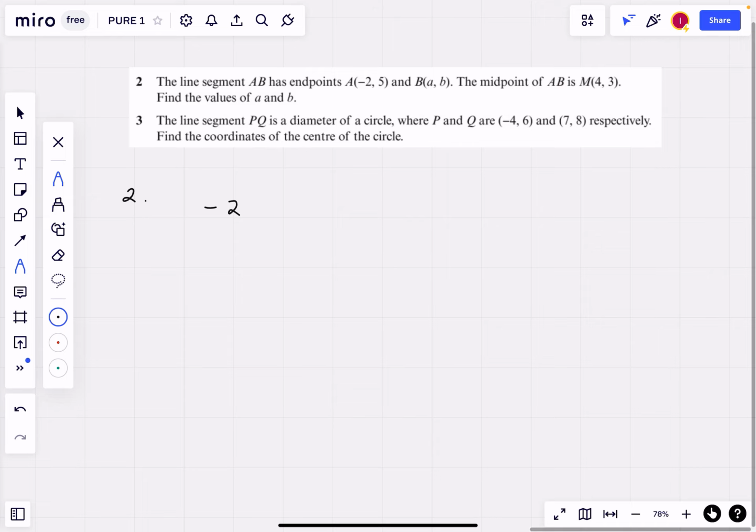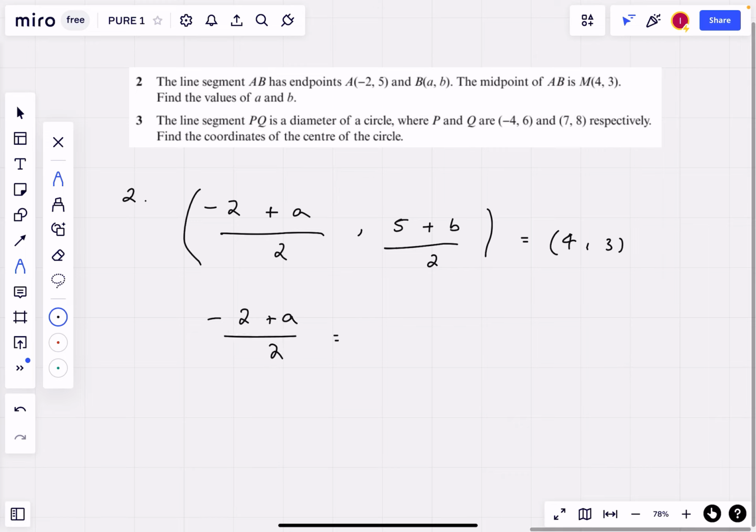So minus 2 plus a divided by 2, that's my x coordinate. 5 plus b divided by 2, that's my y coordinate. That's equal to 4, 3. Does that make sense? So that means minus 2 plus a over 2 equals 4, and 5 plus b over 2 equals 3. And now you just rearrange. When you rearrange, you get a equals 10, and you get b equals 1.